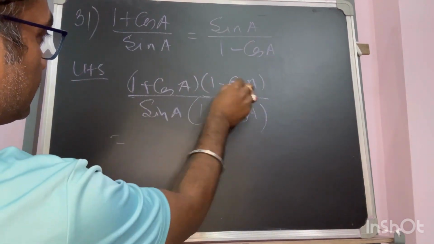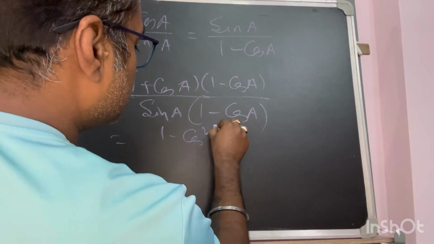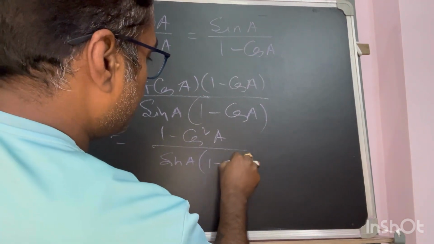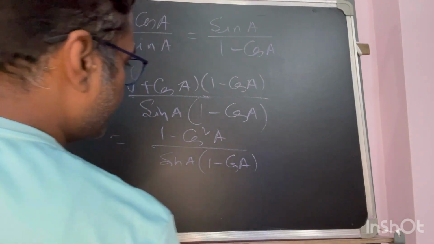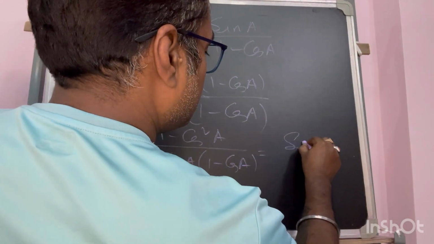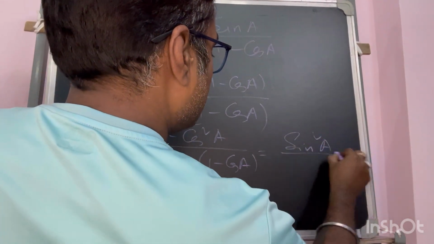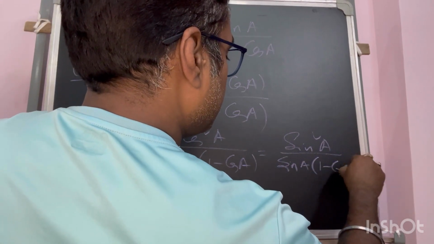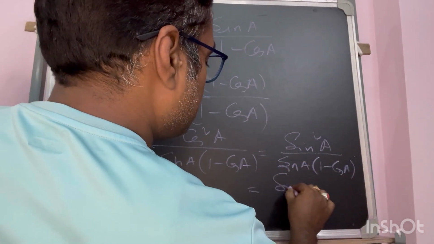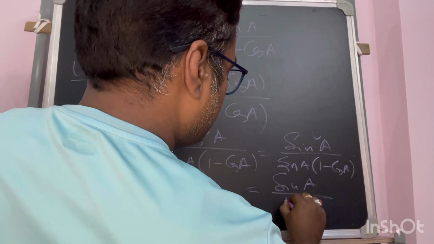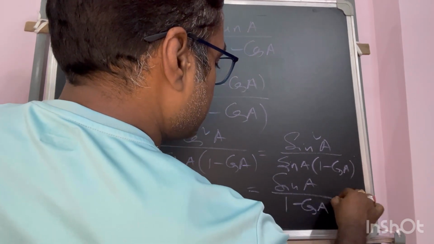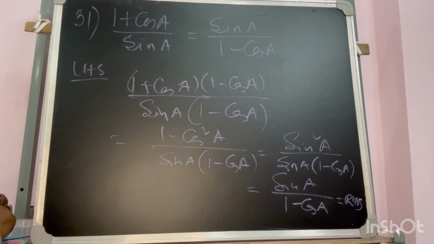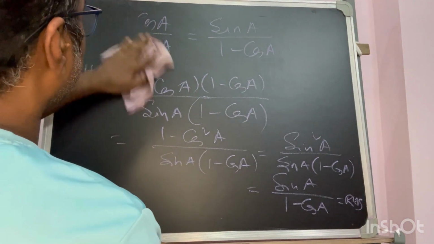So that will turn it to 1 minus cos square A by sin A into 1 minus cos A. That will give you sin square A by sin A into 1 minus cos A. So that will turn it into sin A by 1 minus cos A, that is equal to your right hand side. Okay. Moving to 32.